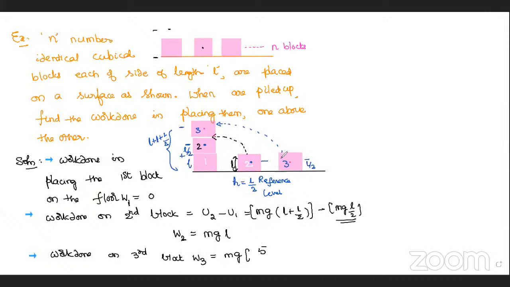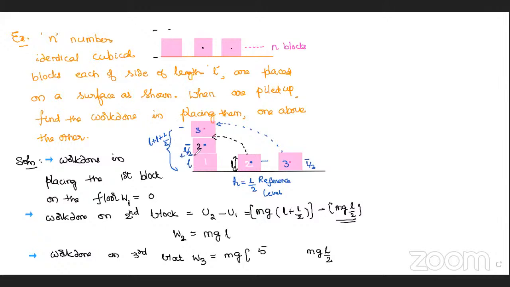The third block is initially placed on the floor, which means initially it has some potential energy. That initial potential energy is U1. U1 is mg into L by 2. This is the initial potential energy of the third block. It is moved to there.